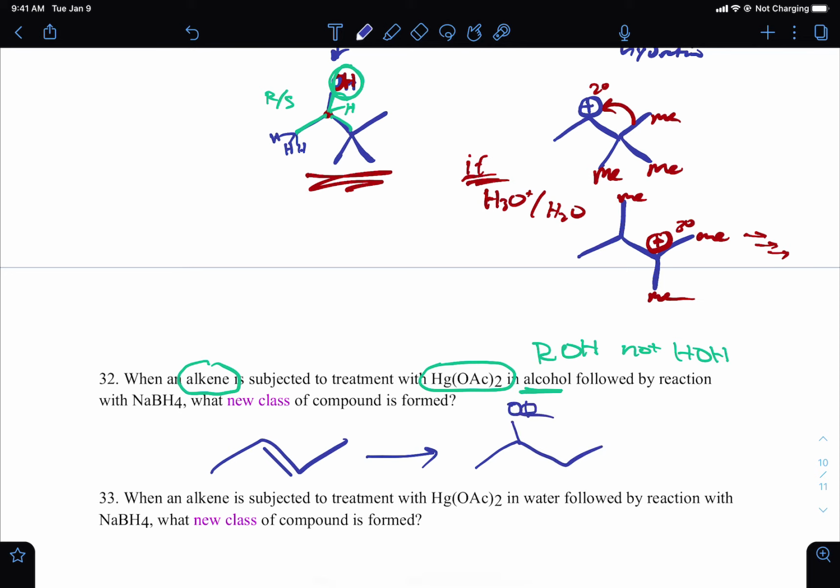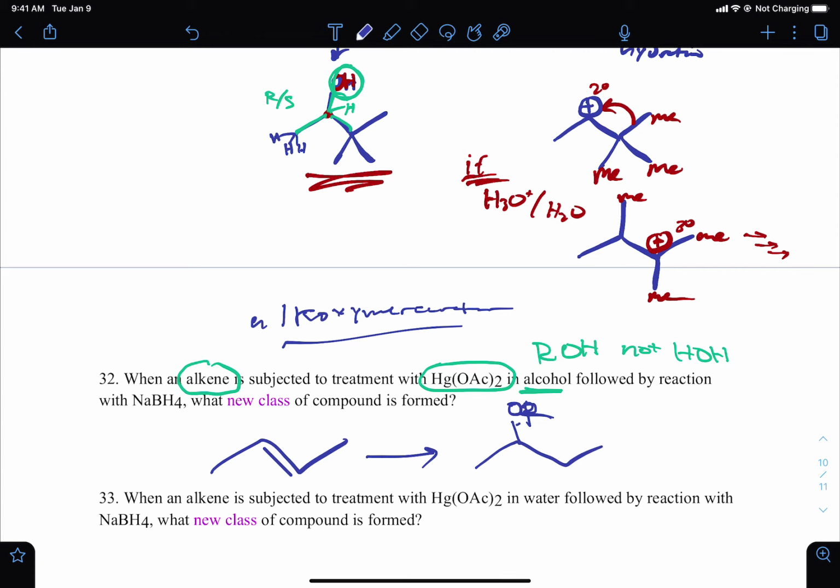Okay. That's called alkoxymercuration. Works the exact same way, pretty much the exact same mechanism, but instead of water attacking the mercury, that mercurinium ring, it's an alcohol that does it. And so you end up with OR here.